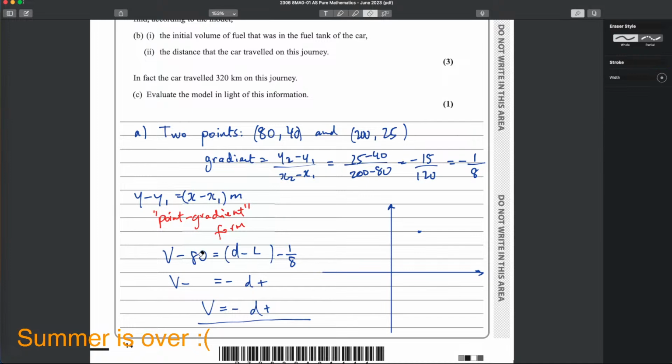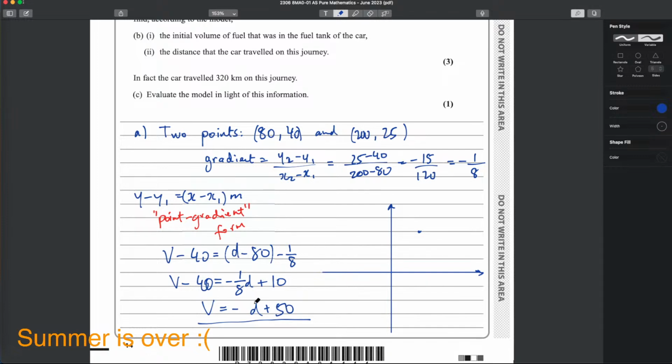No, I almost did it again. 40, 80. This is plus 10. Wait, that's... Oh, but we add the 50. Okay.